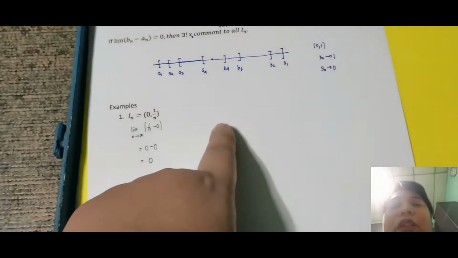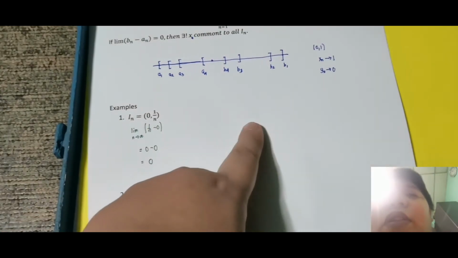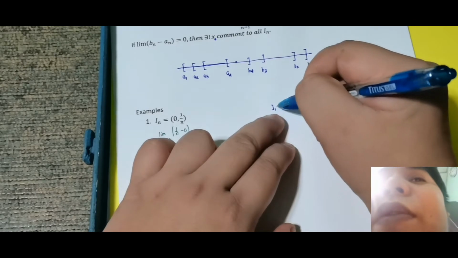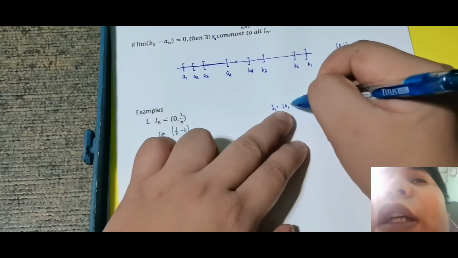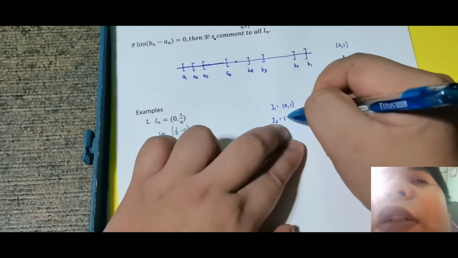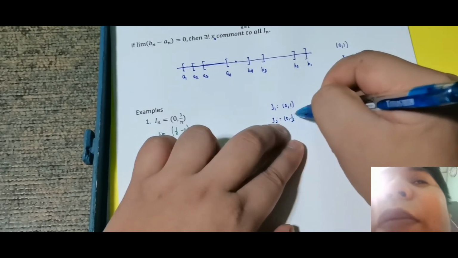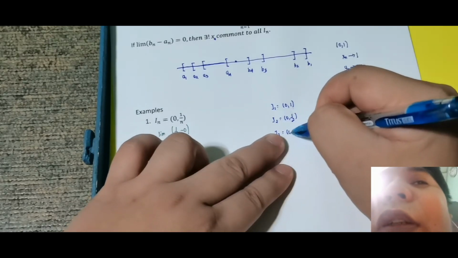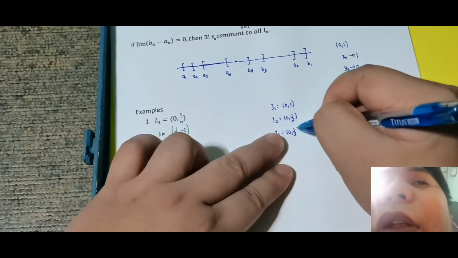Paano natin kunin yung generalized intersection ng mga I sub n na to? Una, for I sub 1, this is (0, 1). For I sub 2, that is (0, 1 half). For I sub 3, that is (0, 1 third).